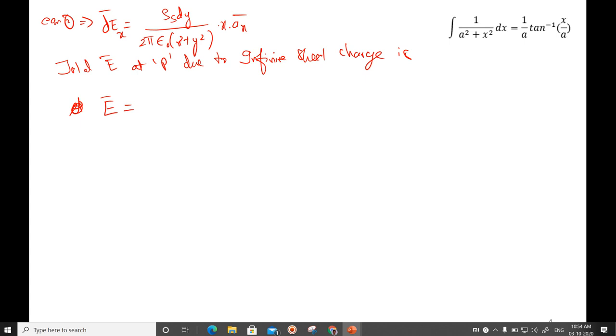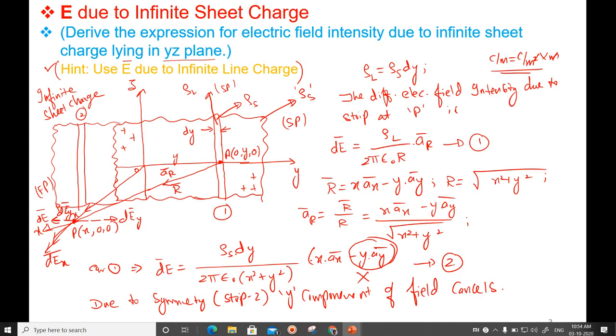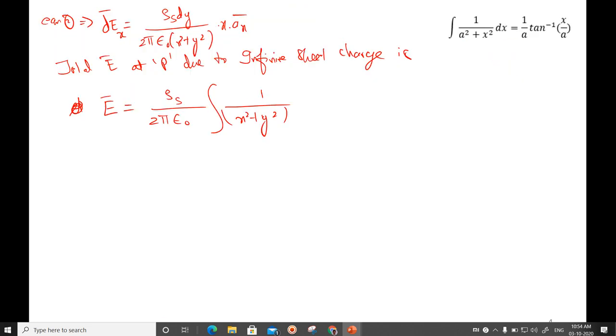the y direction, right? So rho s, I will take the constant things outside. Rho s over 2 pi epsilon naught, integrate throughout the entire surface, right? So 1 by x square plus y square. What I am left out with, x is left out, so x is constant because the strip is varying from minus infinity to plus infinity along the y direction, so y is equal to minus infinity to plus infinity, because I have to consider all the n number of strips, right?